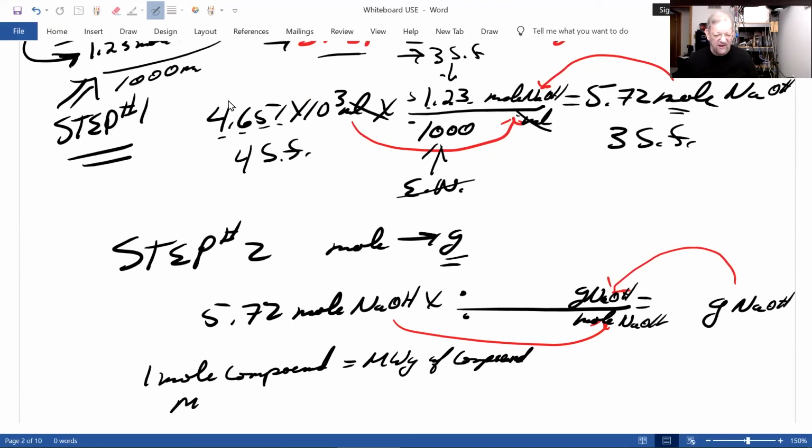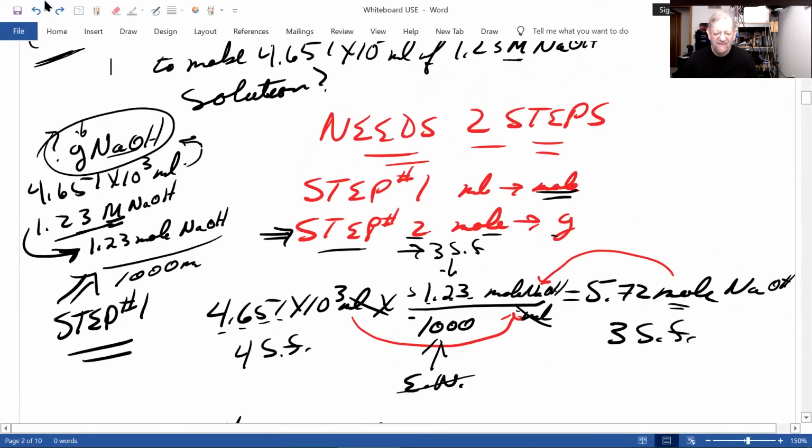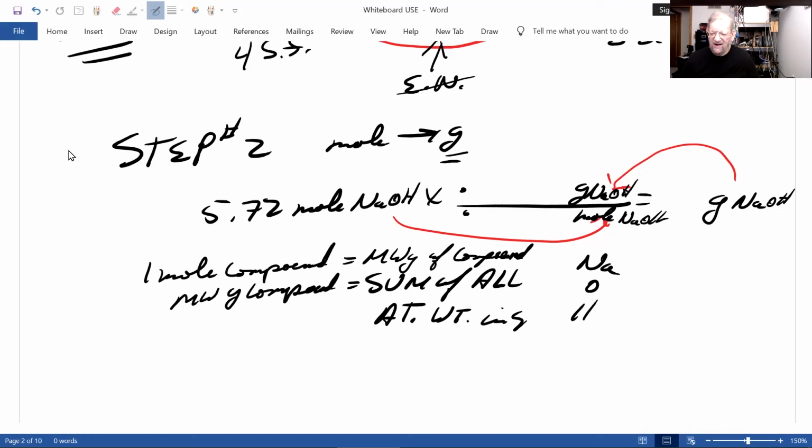And the molecular weight in grams of a compound, this will be given to you, is the sum of all atomic weights in grams. Well, sodium, oxygen, and hydrogen. Why? Because that's what's in the molecule.